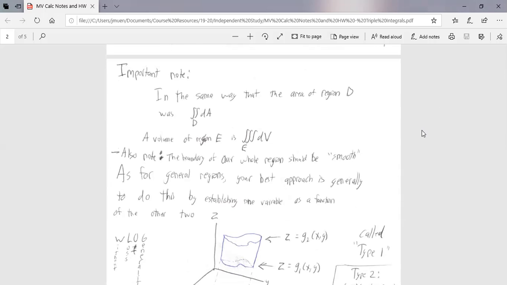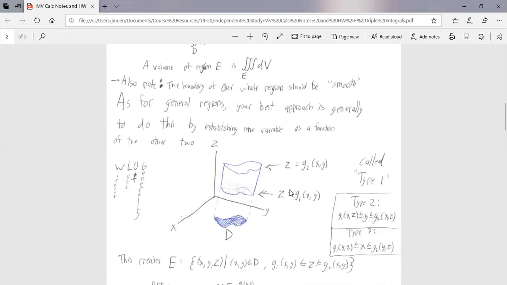So let's say that in the same way that we had a region D that might be defined such that y is between some first function of x and some second function of x, we might have a region E where z is defined as being between some first function g sub 1 of x, y and up to some second function g sub 2 of x, y.